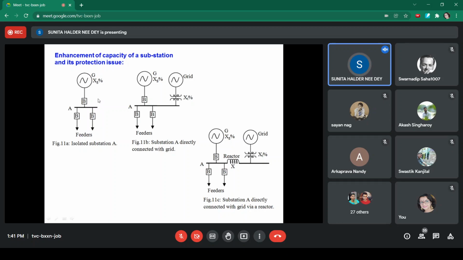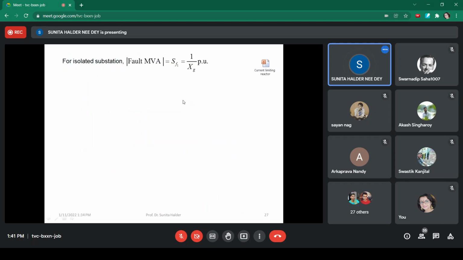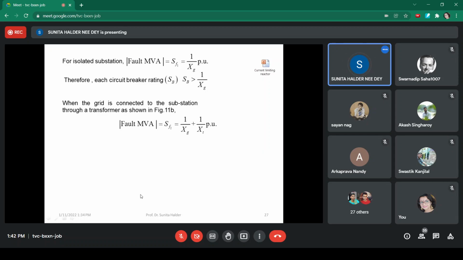Only one reactance is connected between the bus and ground. So the current will be 1 by that reactance, that is, 1 by Xg per unit. Xg here I am assuming in per unit. Whatever breaker is selected, its rating must be more than that short circuit MVA. So we have selected that one.